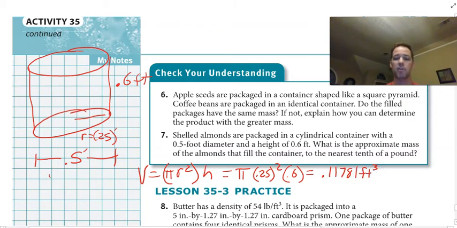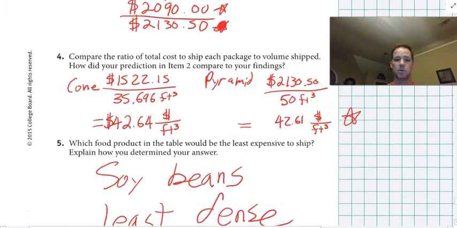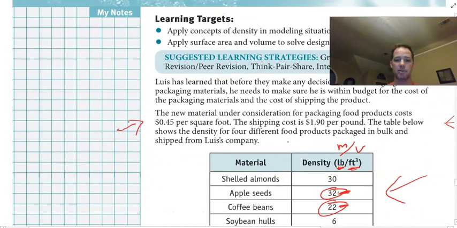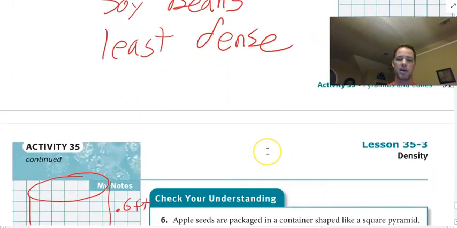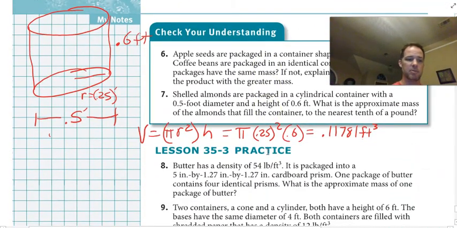Okay, now that I know the volume, I should be able to figure out how much it would weigh for almonds. So let's scroll back up here and check. The almonds are 30 pounds per cubic foot. I'm going to go ahead and rewrite the relationship between mass and density. So density equals mass divided by volume.